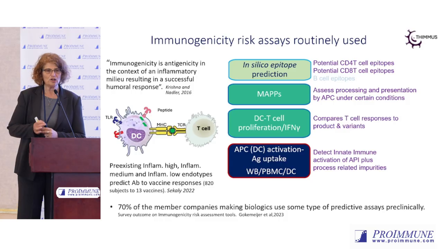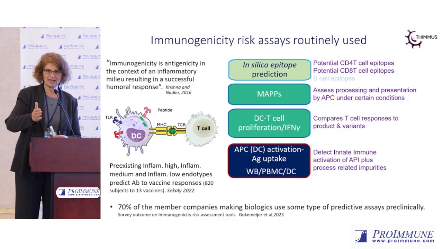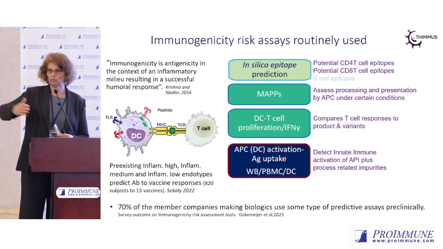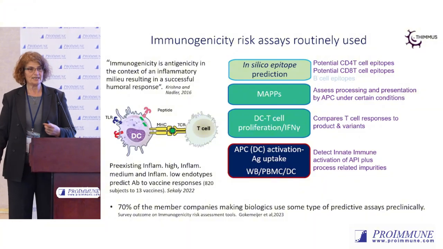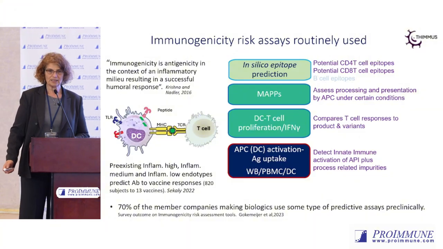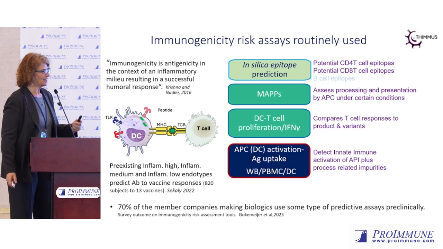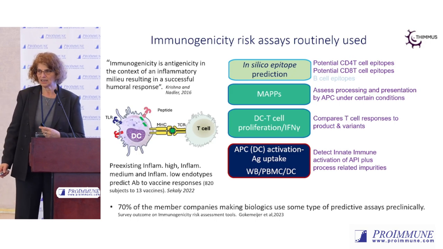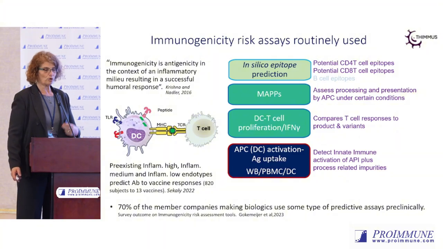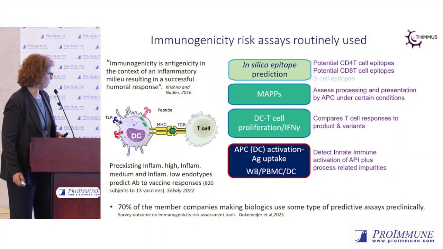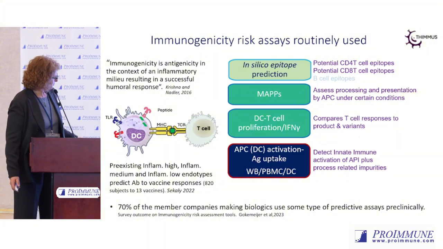And what they did is they looked at what was the inflammatory status at the time of vaccination and what was the titer of antibodies that they achieved. And they could really see a very nice correlation, indicating that the innate immune status at the time of being exposed to an antigen can determine or contribute to the development of an immune response.